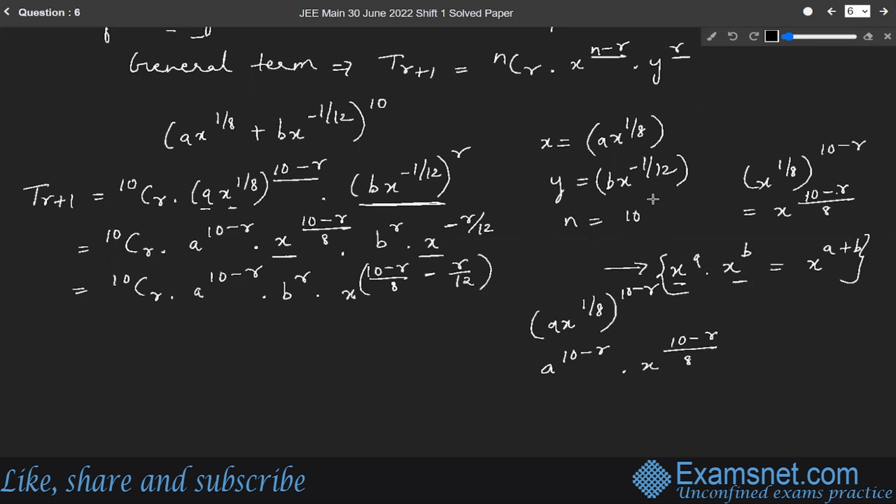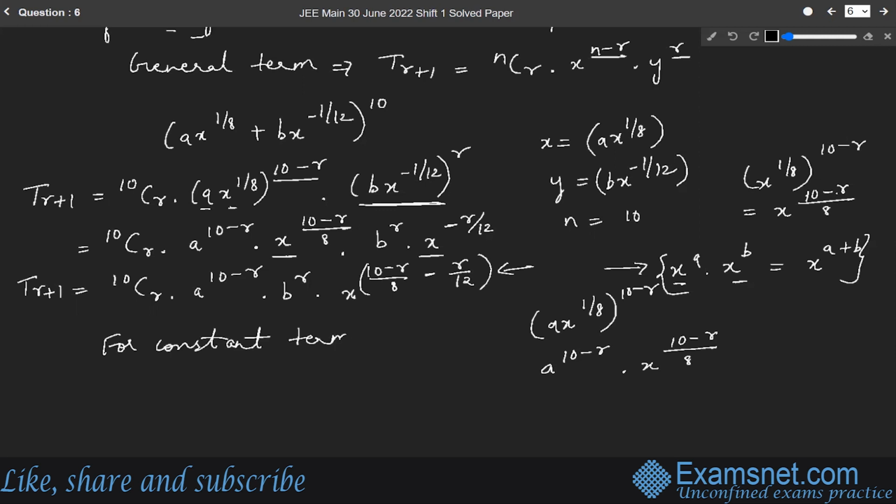All right. Now you can see that we have the formula for the general term. T_(r+1) is 10Cr into a^(10−r) into b^r into x power constant. This power is actually the value of constant. And since in this question we have to find the constant term in the expansion, it means that for constant term, we have to equate it with 0, right?